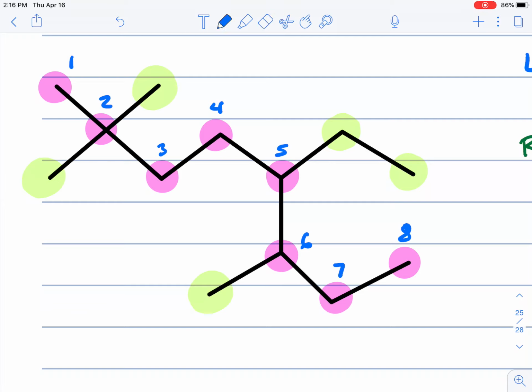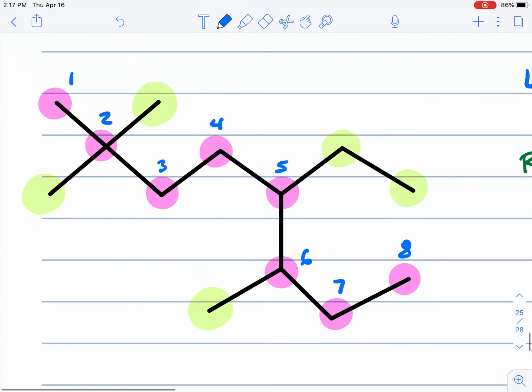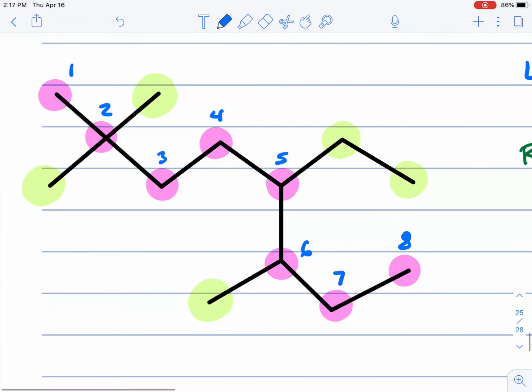We want to be precise with the numbering, so that when you tell the reader this is 2,2,3-diethyl or whatever, they can literally draw it out and understand what you're saying. It's important to follow these rules, especially for organic chemistry.